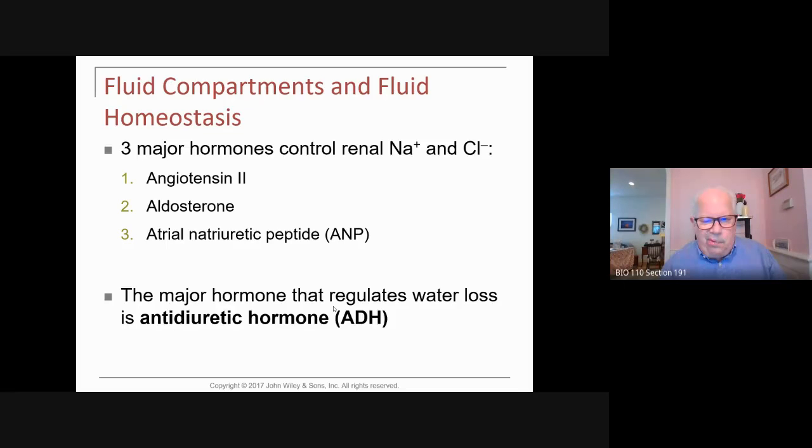When aldosterone is produced, as you can see from this slide, it controls the reabsorption of sodium and chloride. And when you increase sodium and chloride, you excrete potassium. Those functions will elevate your blood pressure.